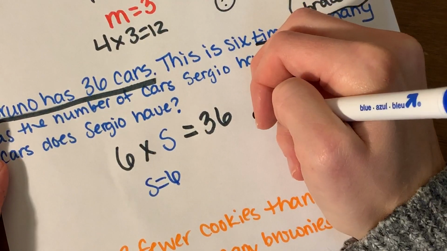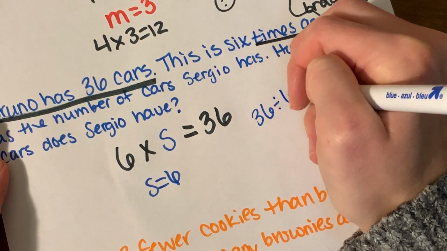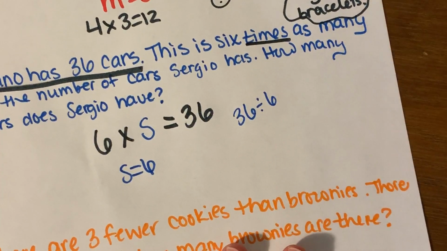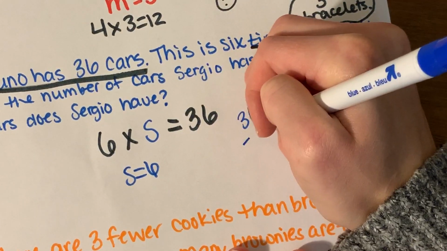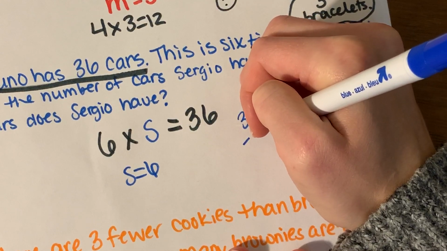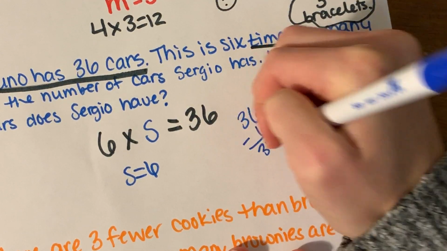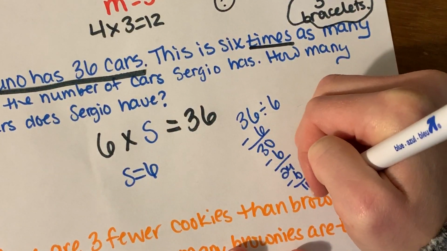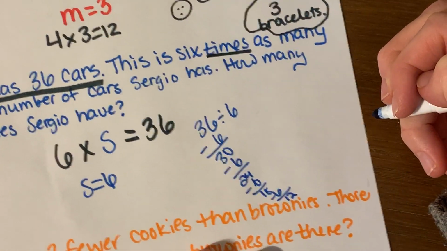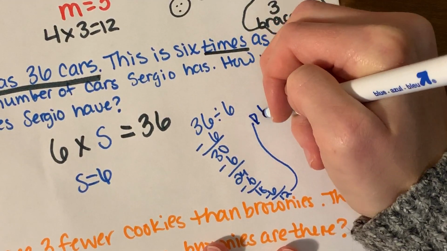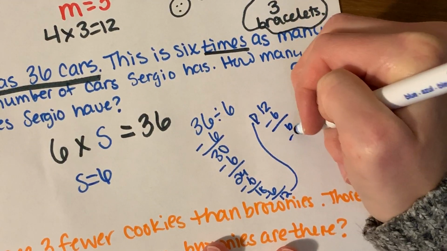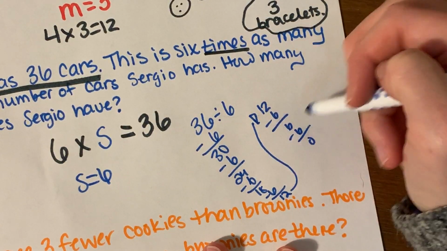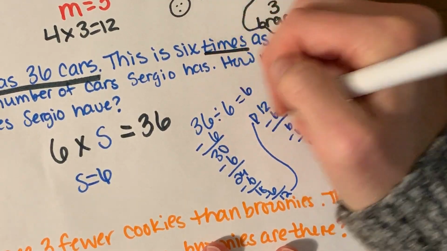See, if we didn't know that, we could go ahead and do 36 divided by 6, and we could do some repeated subtraction. Take that away, take that away, 12, bring this back up, and it's 1, 2, 3, 4, 5, 6 times, so that gives us 6, okay?